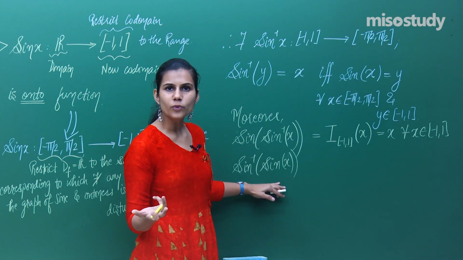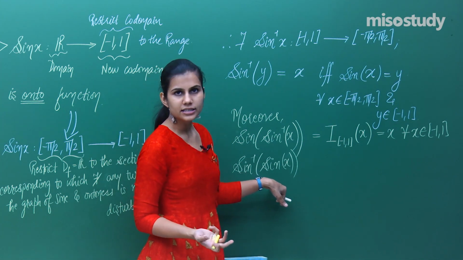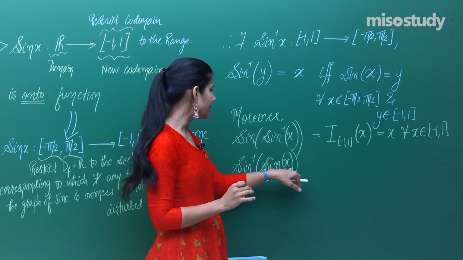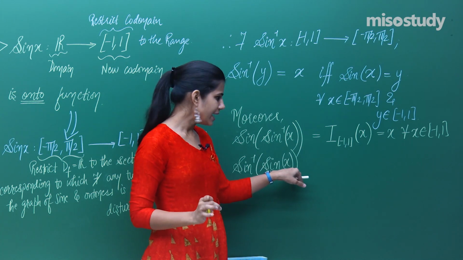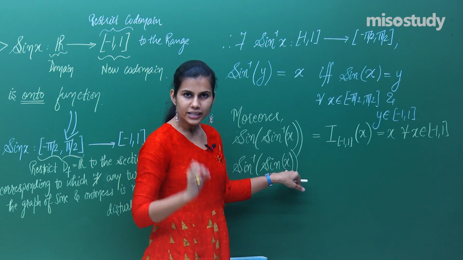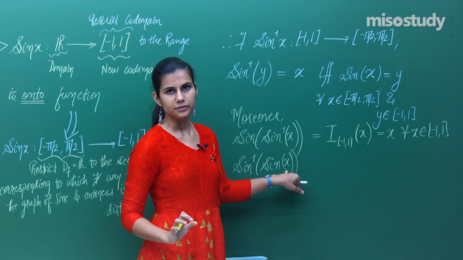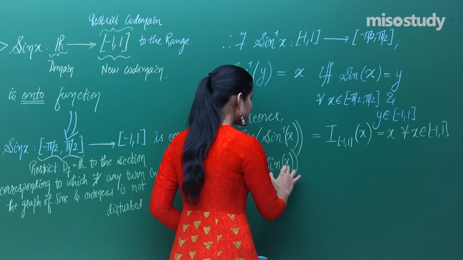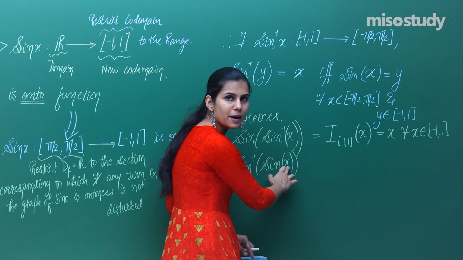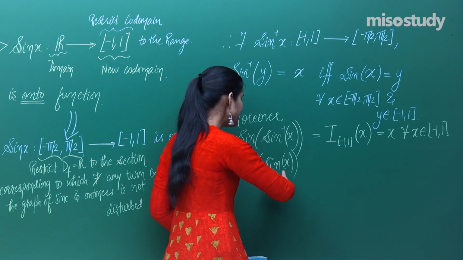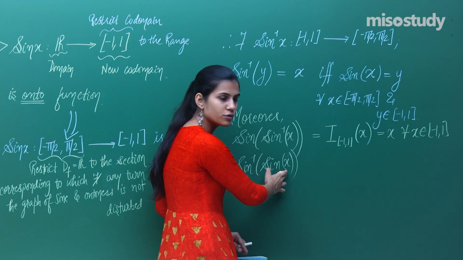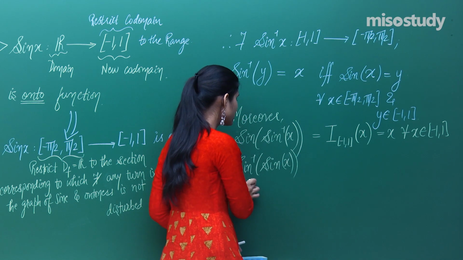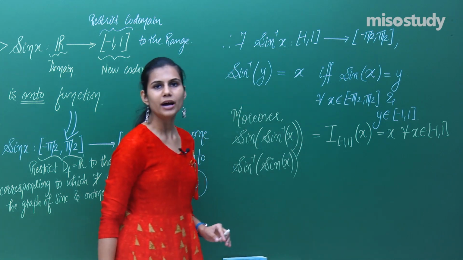Similarly, if I am talking about sine inverse and sine, I am only talking about that part of the domain of sine corresponding to which my sine is becoming minus 1, 1. So here x is coming from the minus pi by 2, pi by 2 closed interval, then sine of x is going to go inside the minus 1, 1 closed interval, and that is the domain for sine inverse. So sine inverse will then be able to act upon it.